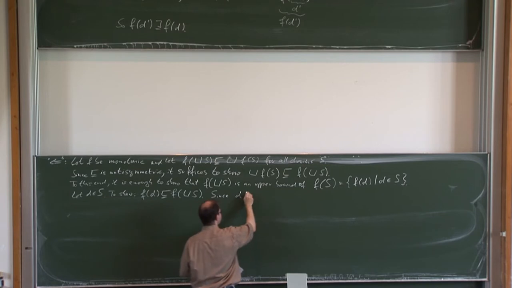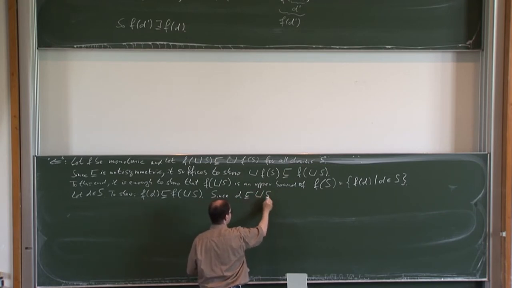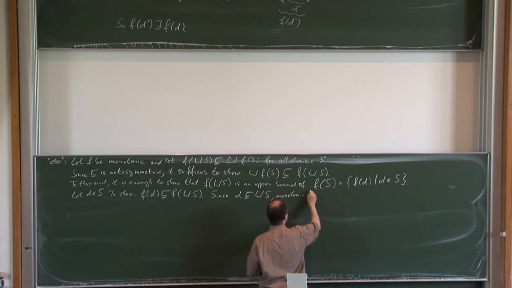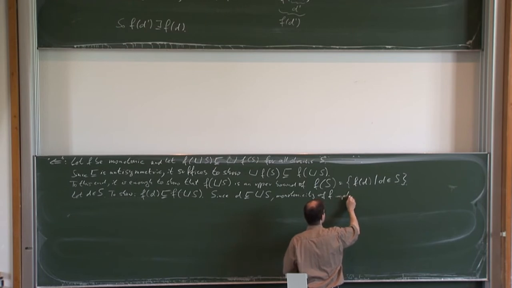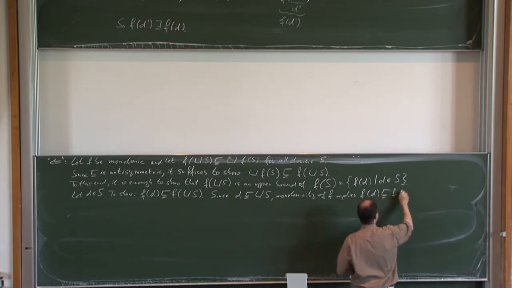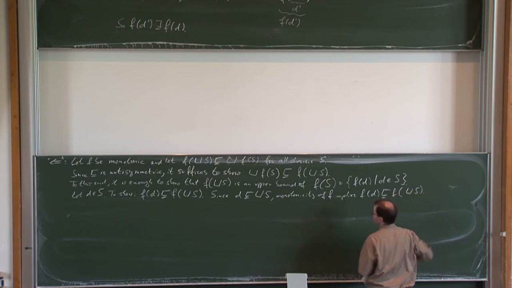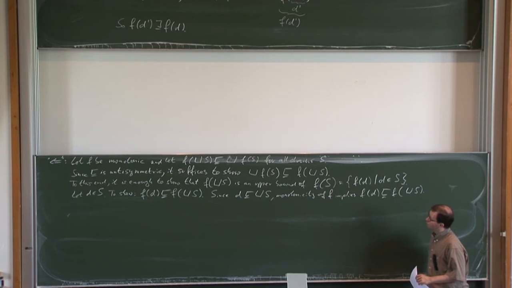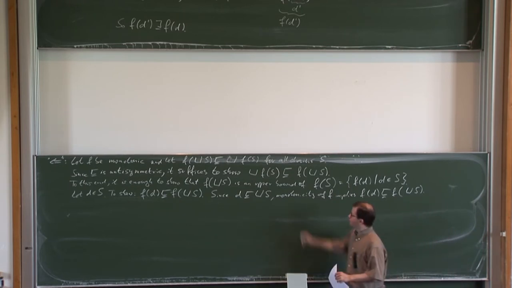So since d is smaller than the upper bound of s, monotonicity of f implies this: f of d less or equal than f of least upper bound. And so we have proved this direction as well. Okay, so monotonicity indeed implies this direction.